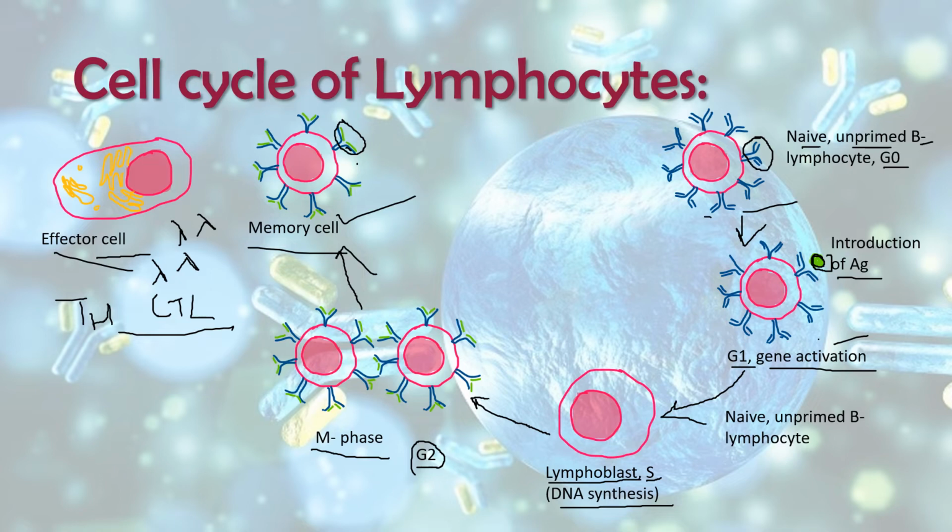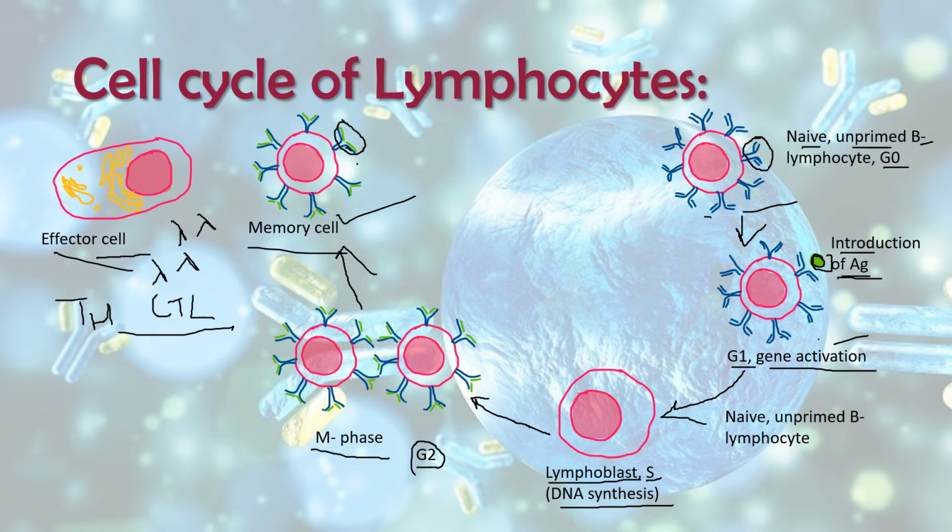So let's revise the cell cycle of lymphocytes again to help you understand better. First, it is very difficult to distinguish the B and T lymphocytes. The first one, which is at the G0 phase, is known as naive or unprimed because it has not been introduced to any kind of antigen. As soon as they are introduced to the antigen, the genes get activated and they go to the G1 phase.